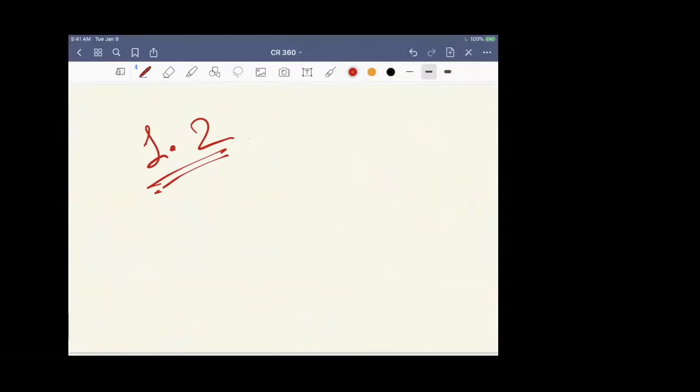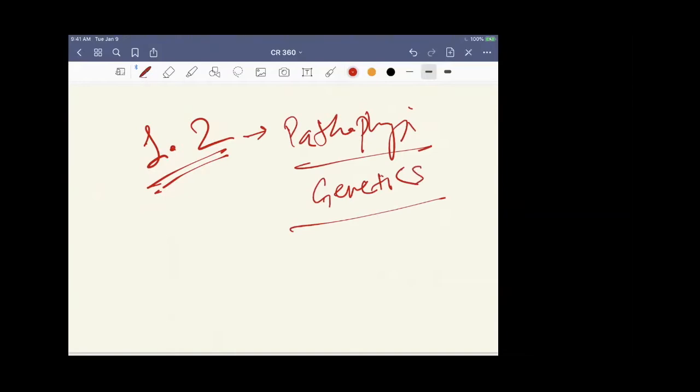Now, point number 2, let's say you are doing a particular study in which you are evaluating some micro effect like pathogenesis or genetic effect or something else, then you can emphasize more on pathophysiology, or maybe on genetics, or on particular content related to your field of research.